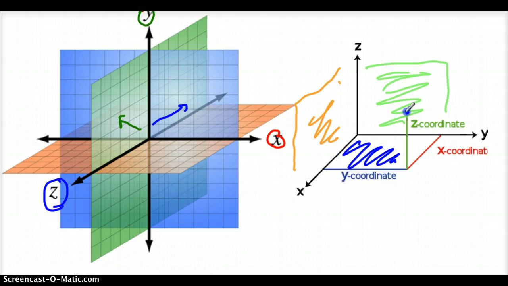This dot right there comes out a positive value x, goes to the right a positive value y, and goes up a positive value z, and there's that dot floating in three-dimensional space. Of course, we're representing that in a two-dimensional medium, so it's sometimes hard to see, but if you train your vision to come out, over, and up, now you know this dot is closer to you than this z-axis is.